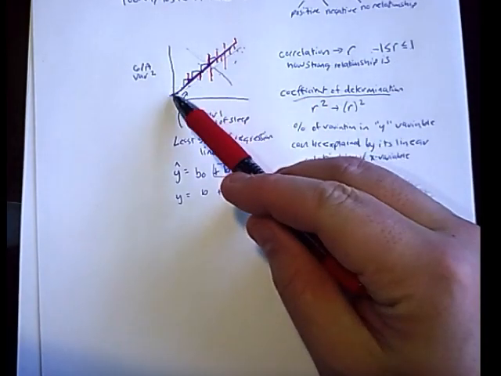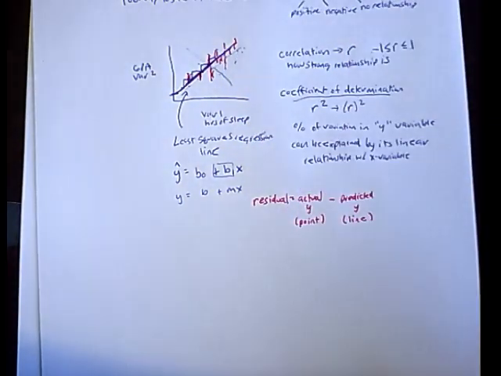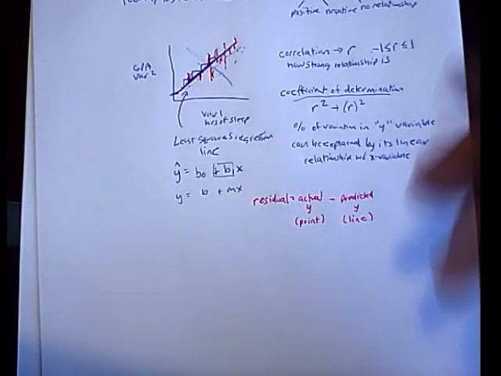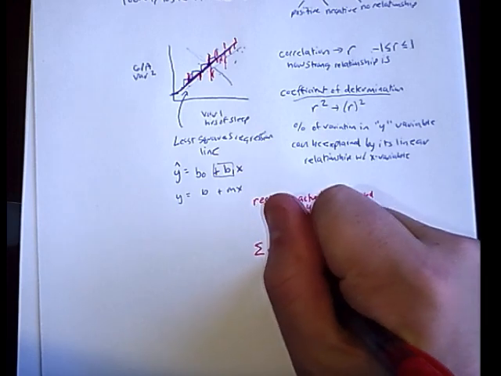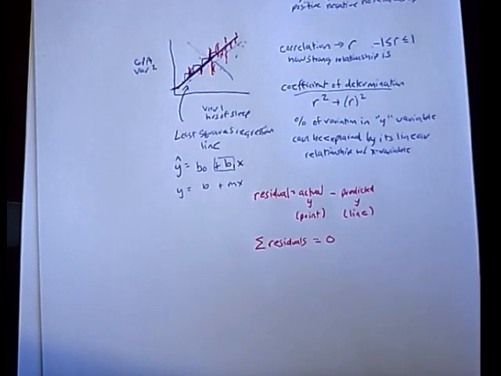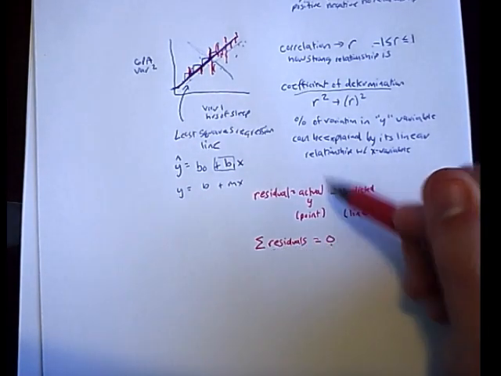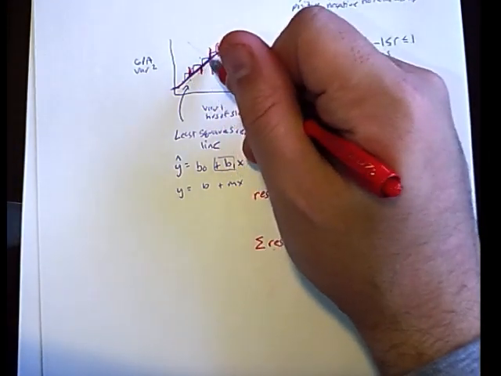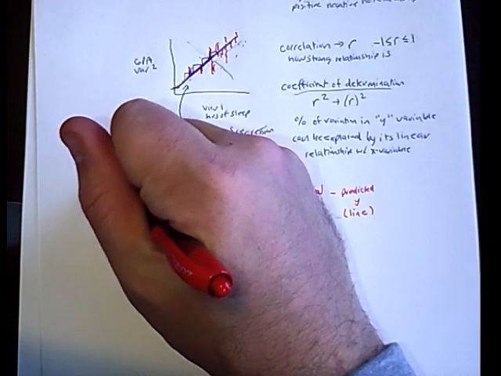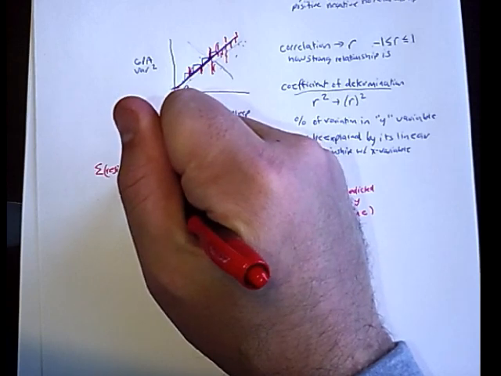We know this would be the best line because it minimizes the square of these distances. One thing about residuals: the sum of the residuals always equals 0. But we're also looking for the line that gives us a sum of residuals of 0 and gives us the least squares. So for this line, the sum of the squares of the residuals is going to be minimized.